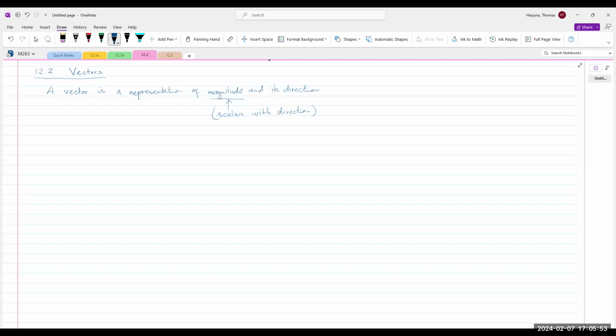Okay, now in our class, let's say we have a vector from point A to point B. From point A, the starting point is called the initial point. And then point B is called the terminal point. Now, if you see a vector like this, then we will write that as AB with a ray on the top.